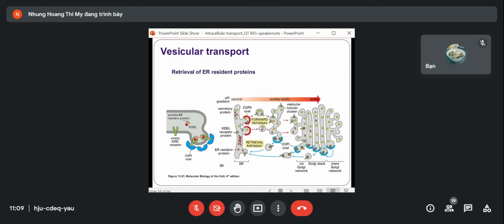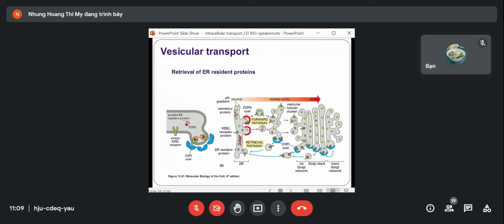In the ER, the pH is neutral, but in the Golgi apparatus, the pH is weakly acidic, and the further along from the cis face to the trans face, the more acidic the pH value.